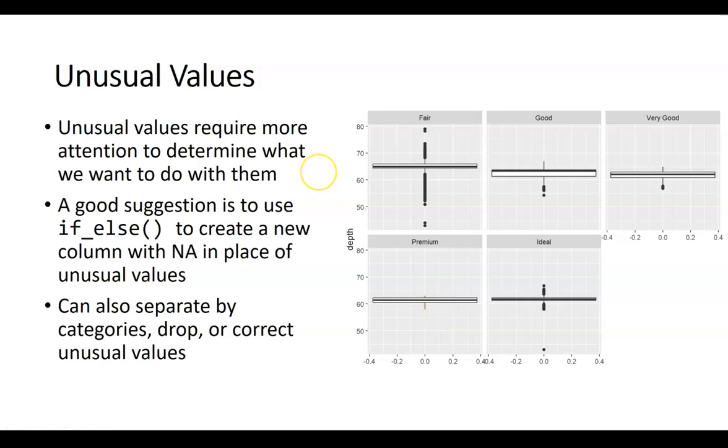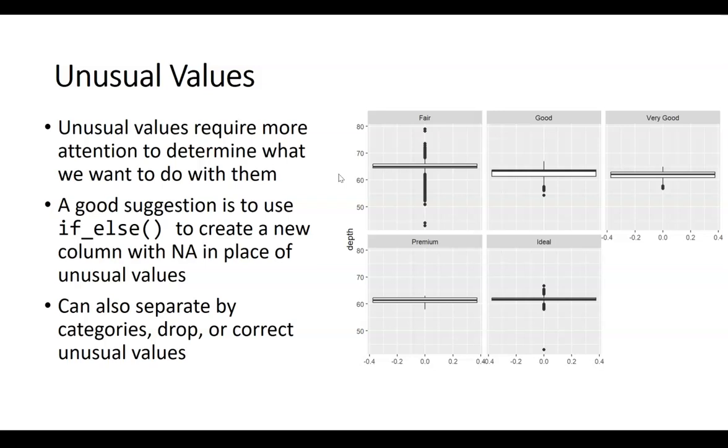So unusual values are things that we want to investigate further. If you've investigated to the extent that you're capable and you truly feel that your outliers are unusual and they shouldn't be factored in to certain instances, a really good suggestion is actually not to throw those observations away, but rather to create a new column in your data frame that's very similar to the column you're looking at, but replaces the outlier values with NA values.